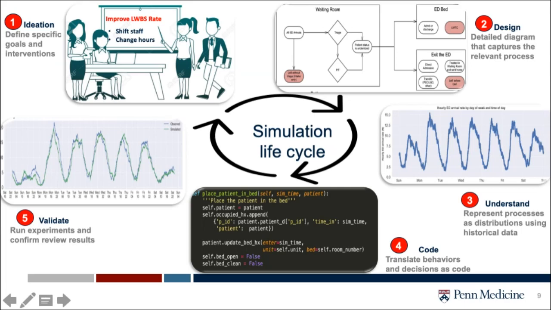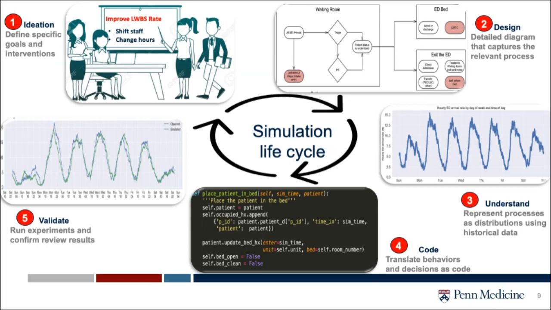This starts with a group of people who have a particular goal in mind for improving something, and it's got to be granular. For us, we actually sat in a conference room a while ago and thought that the thing that needs to be improved is the left without being seen rate, and the way we can do that is by shifting staff and changing hours. It has to start there, because if there's no direct question, then there's no further build that can happen.